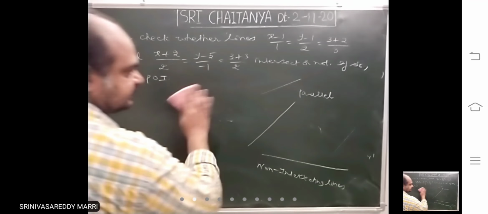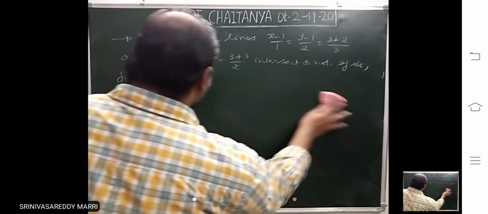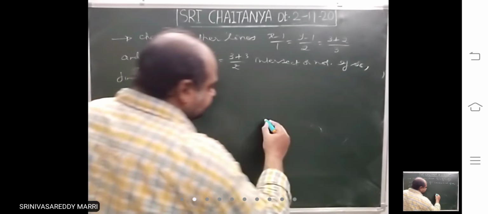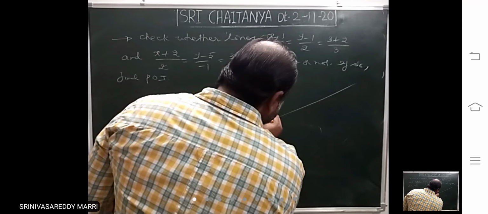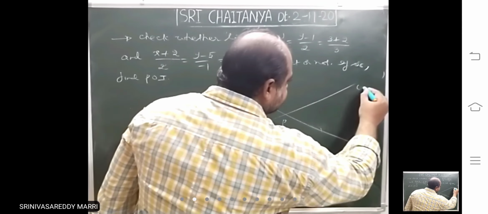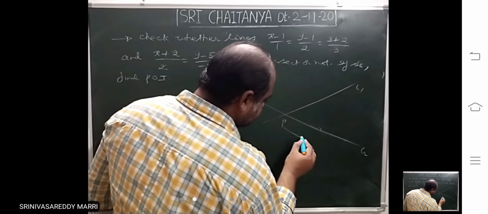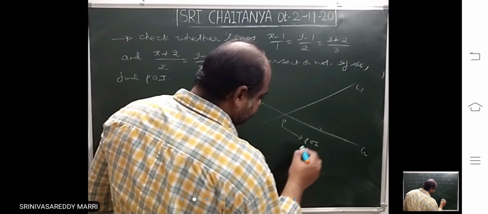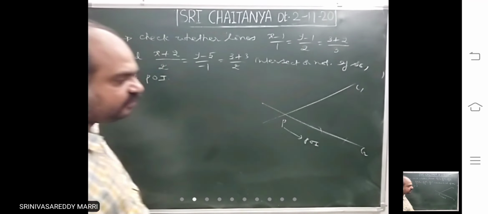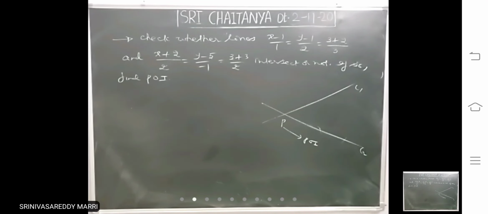Right? So for finding this, if they intersect, what happens? They will be like this, P. This P is the point of intersection. This P lies on L1 as well as L2, a common point to both the lines.